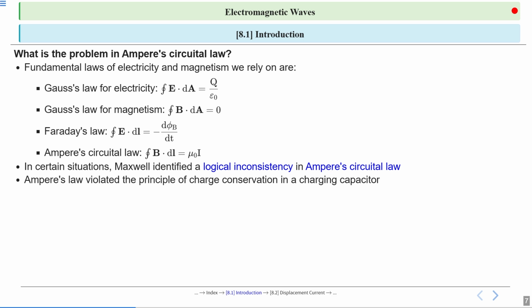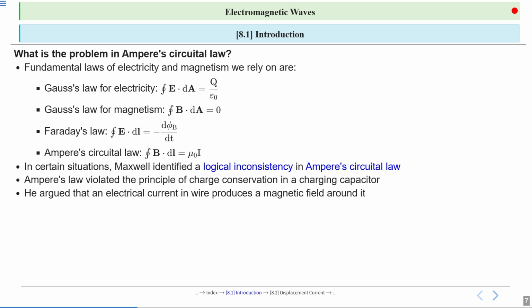Then how is the magnetic field being produced between the plates? So Ampere's law violated the principle of charge conservation in charging capacitors, and by this experiment, Maxwell identified a logical inconsistency in Ampere's circuital law, that it is not completely correct.